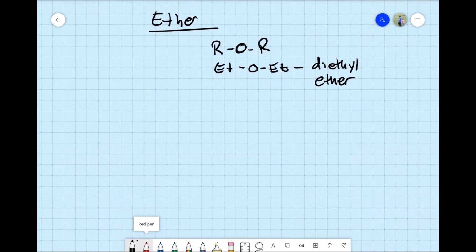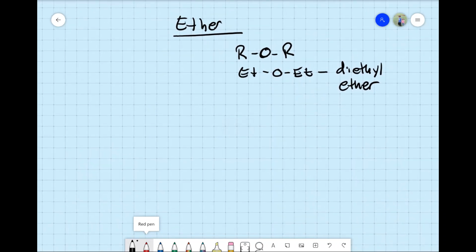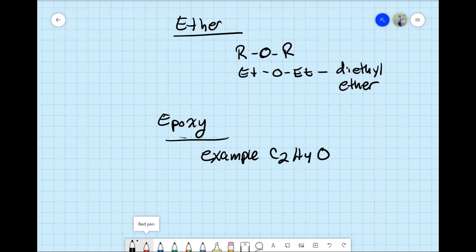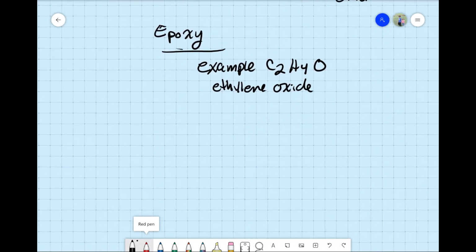Still on the subject of oxygen-containing compounds, one that plays a big role in polymers would be an epoxy. And an example epoxy is C2H4O. This is ethylene oxide. And it has kind of an interesting structure.